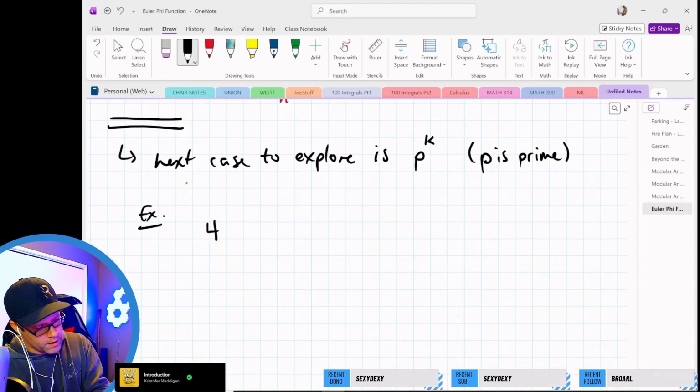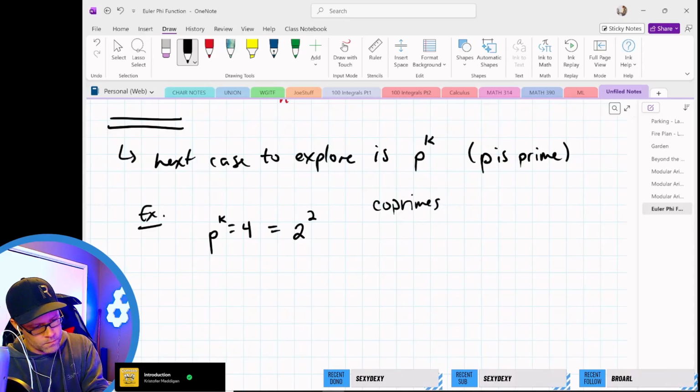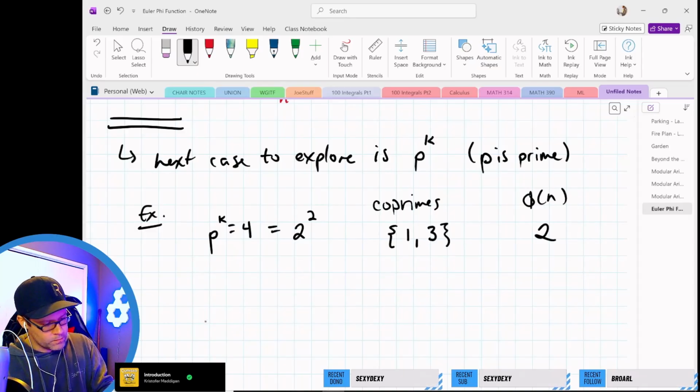Right, so if p to the k was equal to 4, this is 2 squared, the coprimes, and then we'll also list phi of n over here. So phi of n I think was 2 in this case. Our coprime numbers were 1 and 3, right? 1 and 3. I'm just going to write this chart a little bit nicer.